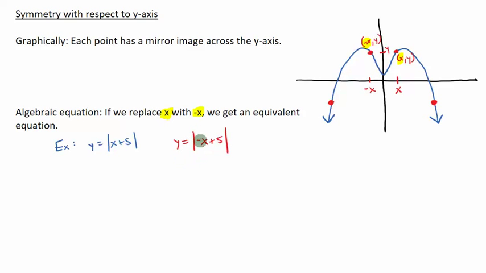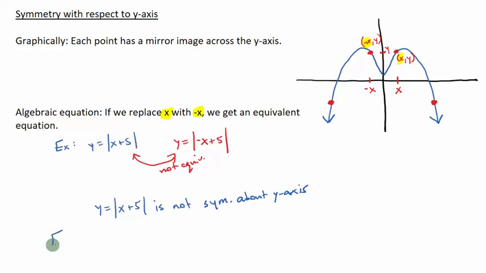I can't do anything with this negative x because I've got the plus 5. These are not equivalent equations. So y equals the absolute value of x plus 5 is not symmetric about the y-axis. Let's look at another example.